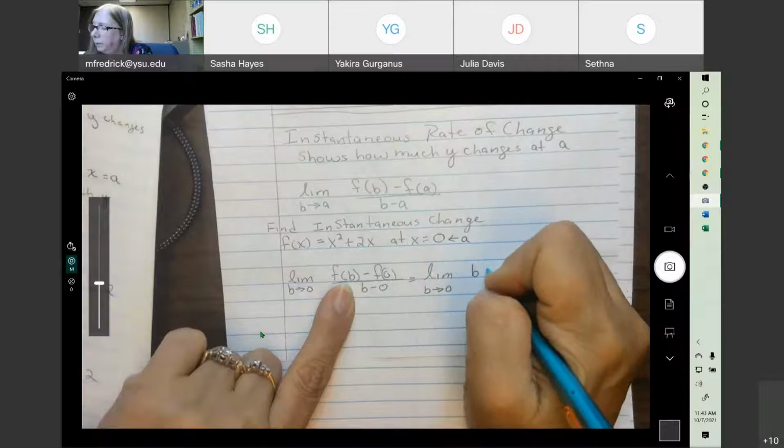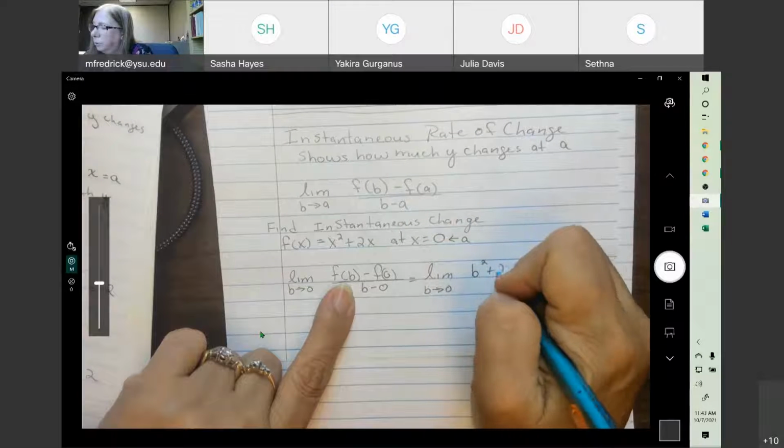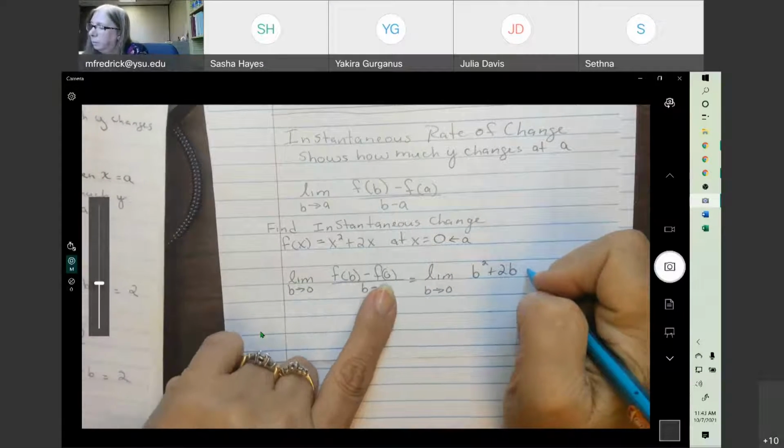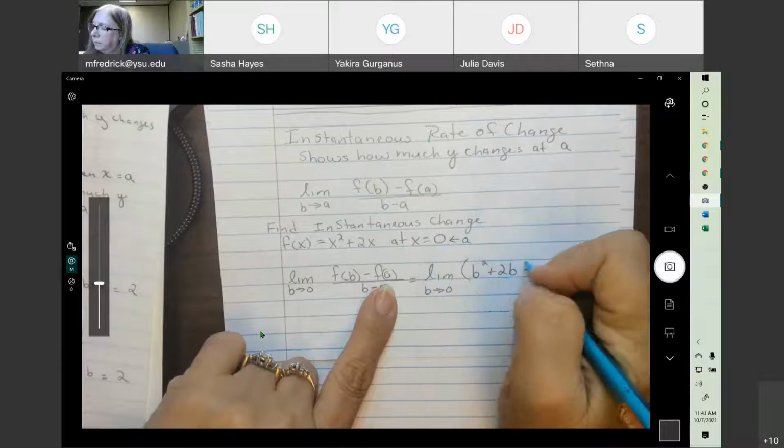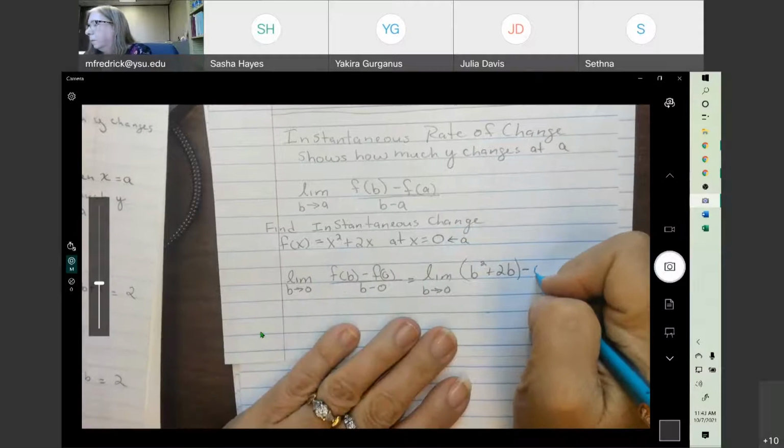F of b, just plug b into the equation. So it would be b squared plus 2b minus f of 0.